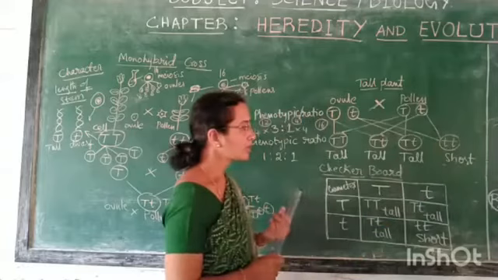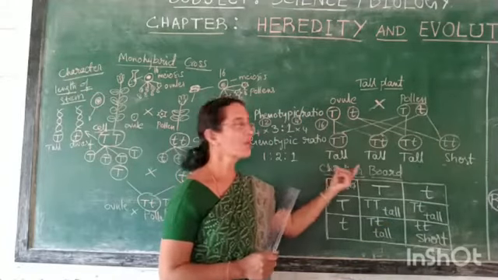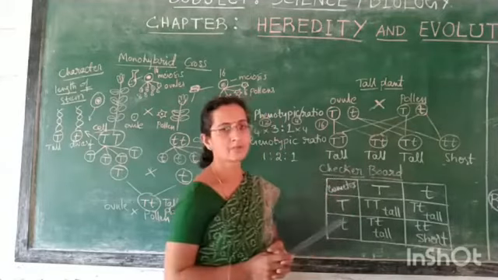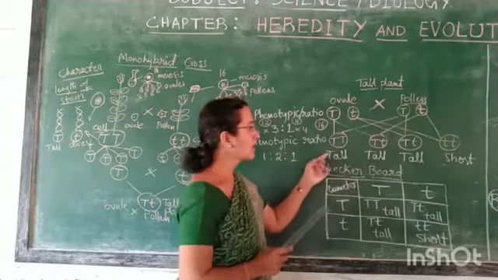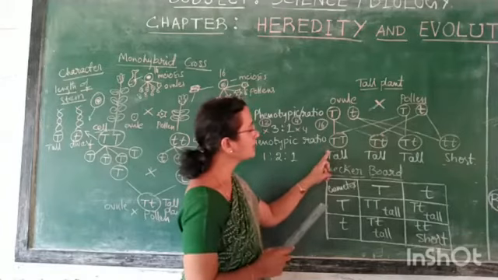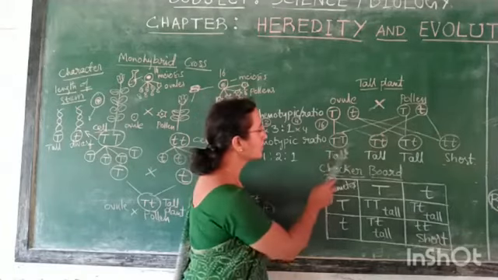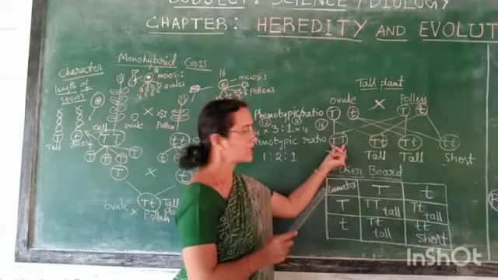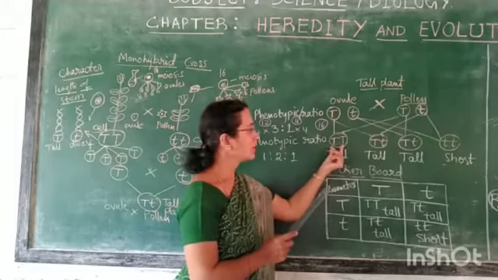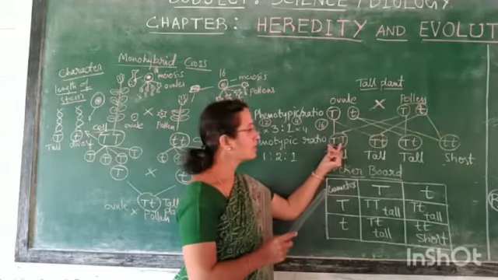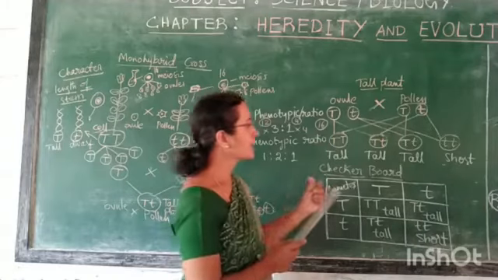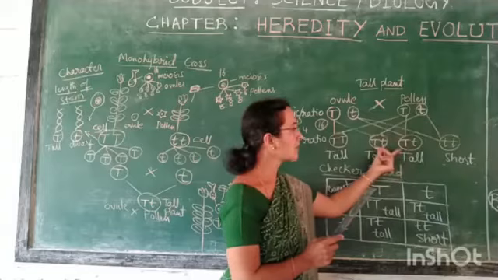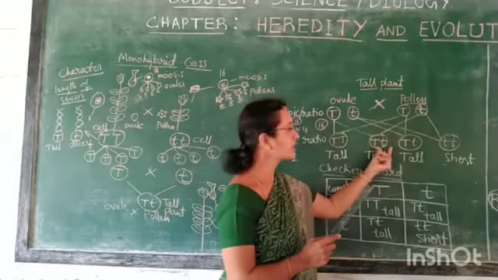To know the genetic constitution of those three plants, you can see all three plants look tall. One plant consists of both factors of the character as capital letters, so it has both genes for tallness. The other two plants have a genetic constitution comprising one capital letter T and one small letter t.